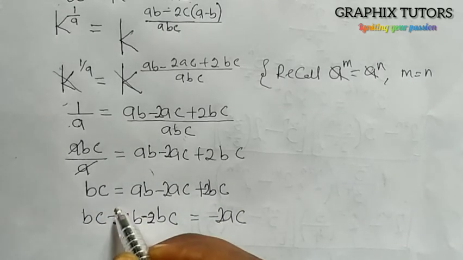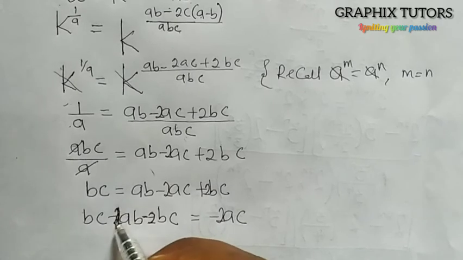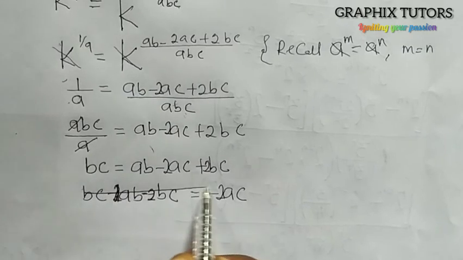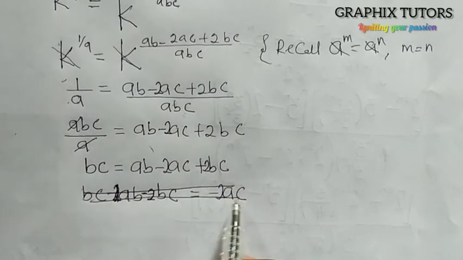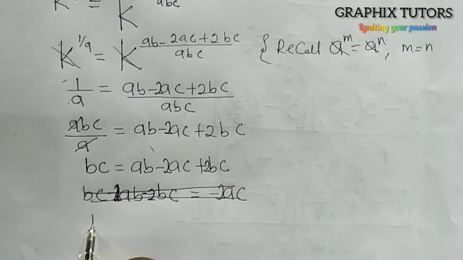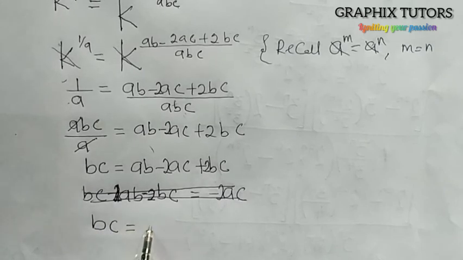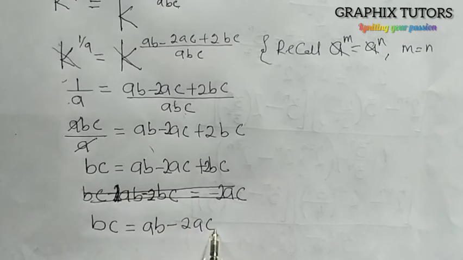So let me move this. Meaning that we're having this, let me just take this out, right? So it will be BC is equal to what? AB minus 2AC plus 2BC.